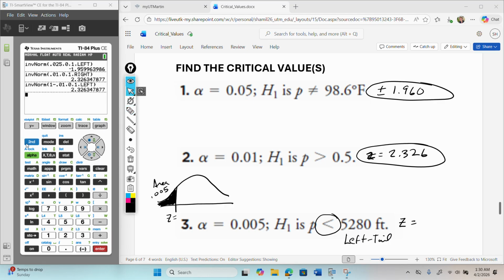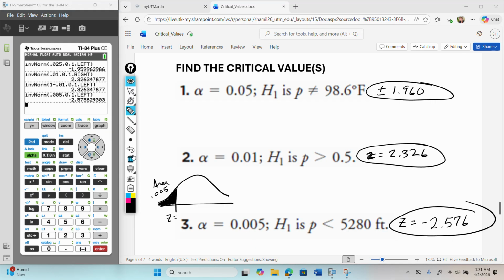I go to second vars, go to inverse norm, and I'm on left area, 0.005, and then just come down here and press enter. Okay, so I have one critical value, and it's going to be a negative z-score, which will be minus 2.576.